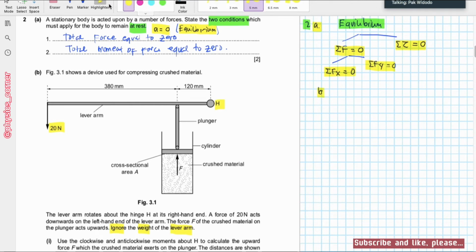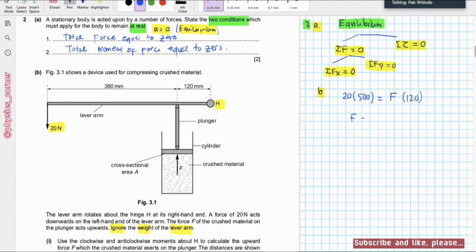moments. So on the anti-clockwise side, 20 newton times the distance. The distance is from the 20 newton, this is 500 millimeter, from 380 plus 120, and this equals the force times its distance from the hinge, which is 120.